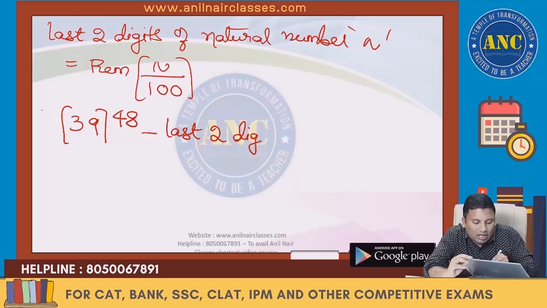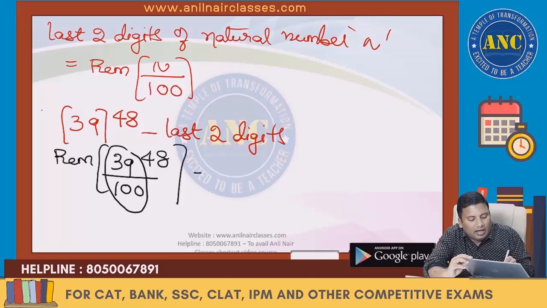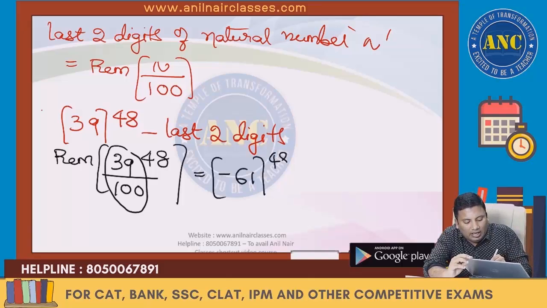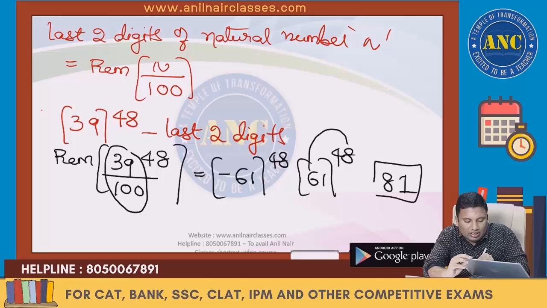How did I do it? The remainder when 39 power 48 is divided by 100: 100 ones are 100, the negative remainder is minus 61, so 61 power 48. 1 power any natural number is 1. 6 8s are 48. The tens place is 81.